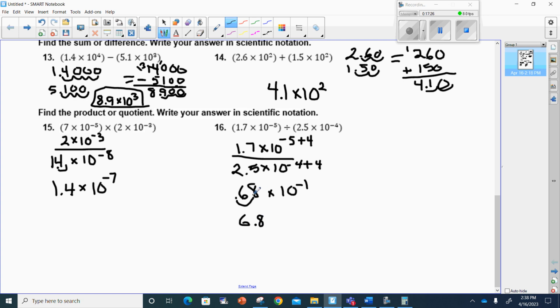Don't forget that when we make this number smaller, we make this number, actually we made this number bigger, so we have to make this one smaller. And smaller means farther away from 0, right? So this would be negative 2. So this is going to be 6.8 times 10 to the negative 2 power.